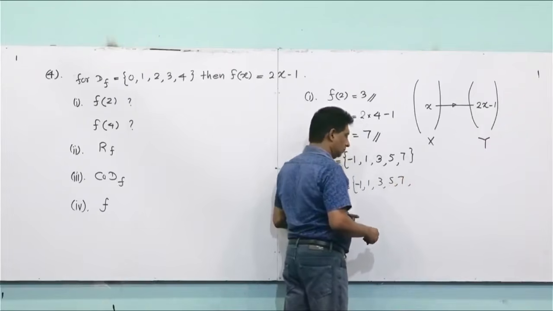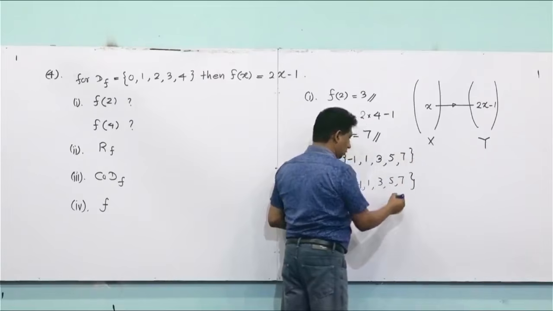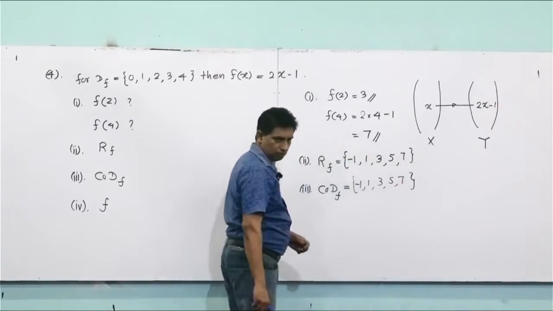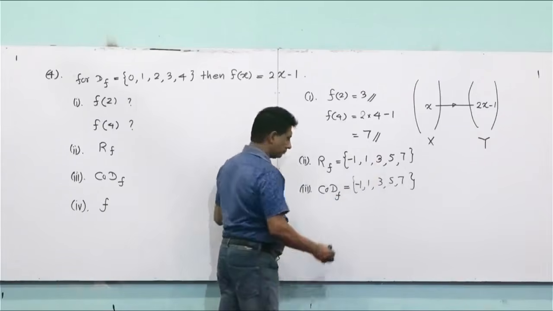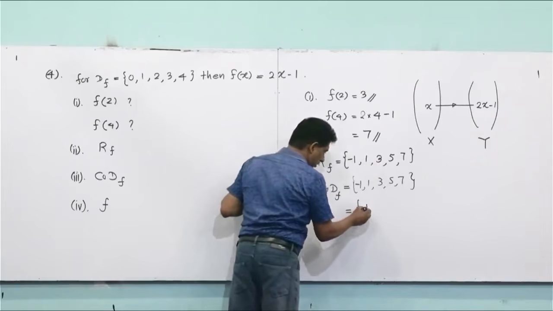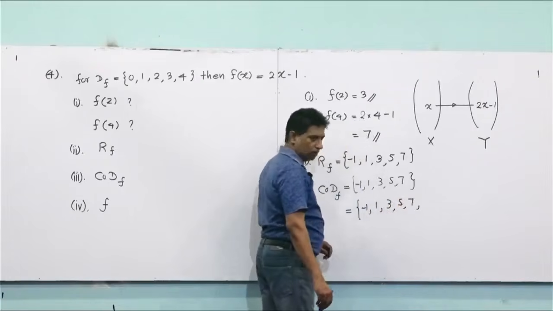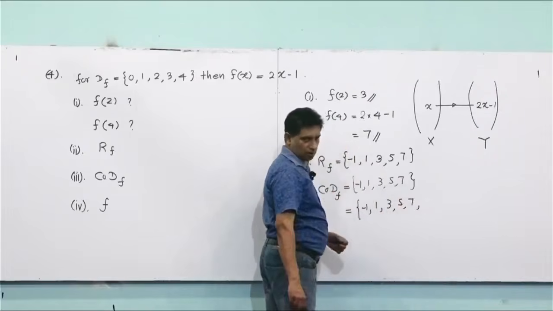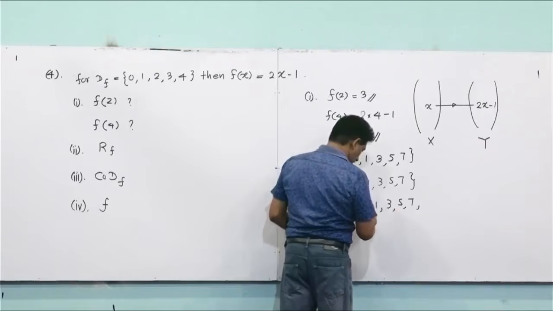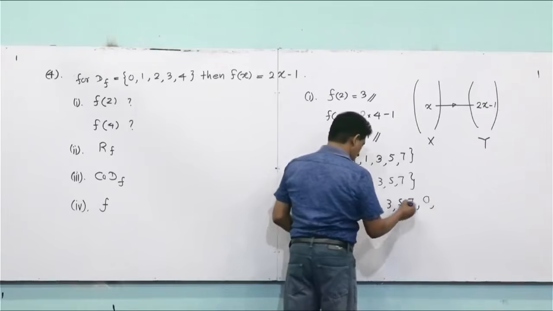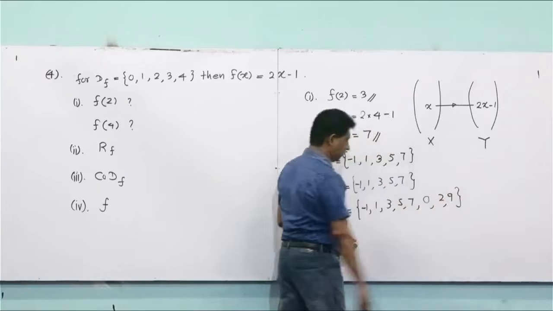So what can we do? If you write these elements and close the bracket, this is also correct, right? This set is a subset of this one, right? Okay. Otherwise, after writing these elements, you can put any other pure real numbers, that is no problem. If you put here 0, then 2, right, 9, like that, pure real numbers, and you can close.